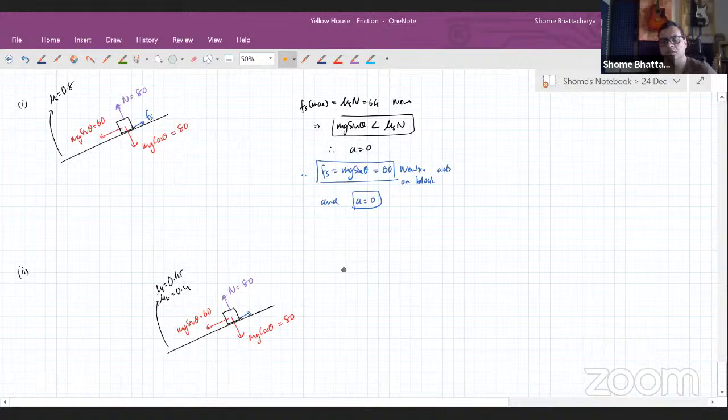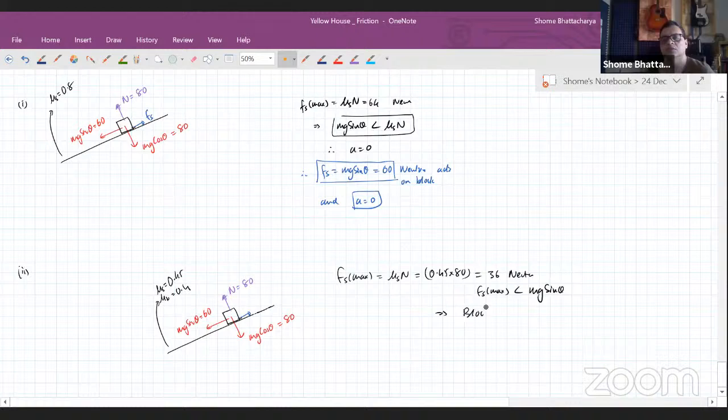So we'll see that maximum friction available to us is 0.45 into 80, which is going to be a lot less. It is going to be 36 newtons only. So maximum static friction is less than mg sin theta. So therefore the block slips.